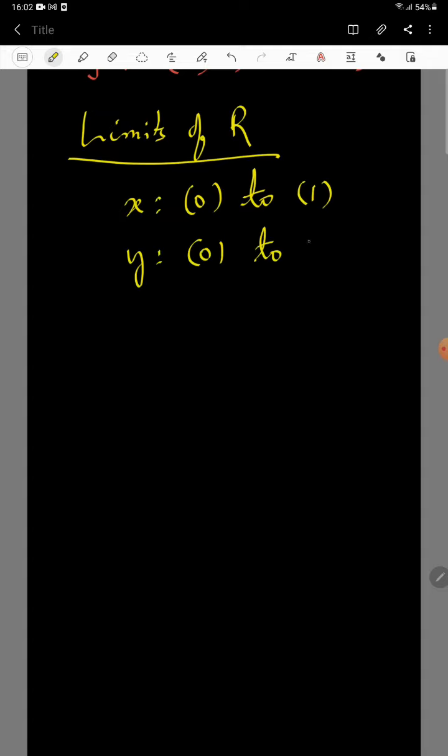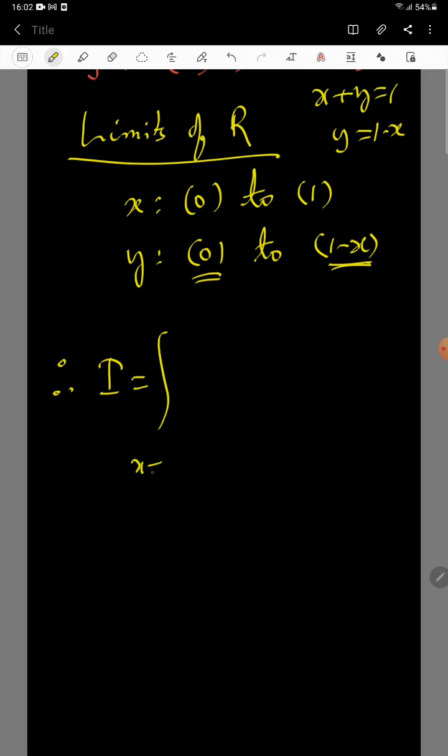Limits of R: x is varying from 0 up to 1 and y is varying from 0 to 1 minus x. This is so simple. From x plus y equal to 1, y is equal to 1 minus x. It starts at 0, it ends at 1 minus x. So therefore I will be equal to the integral x is equal to 0 to 1, y is equal to 0 to 1 minus x.